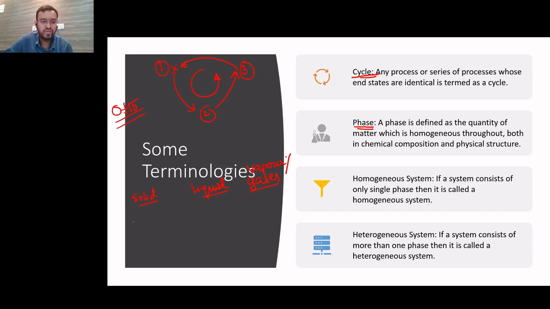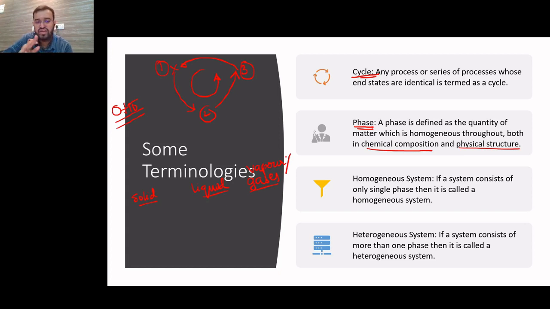So if we take a solid phase, the table which you have, the sugar which you're going to be putting in coffee, whatever it is, throughout its physical structure the chemical composition is going to remain quite similar, and the physical structure is also going to remain quite similar.